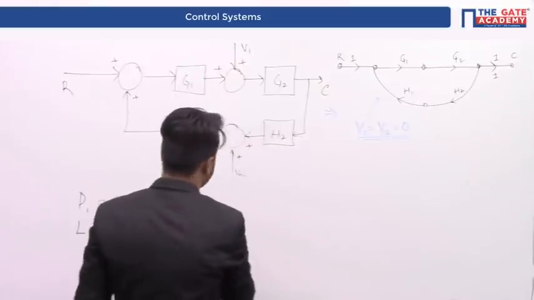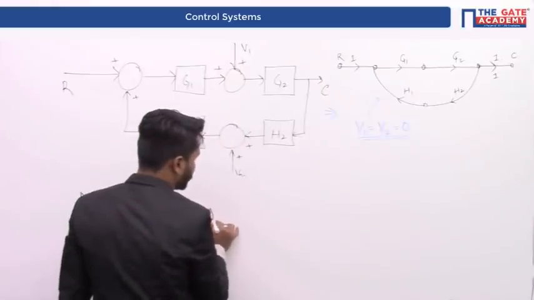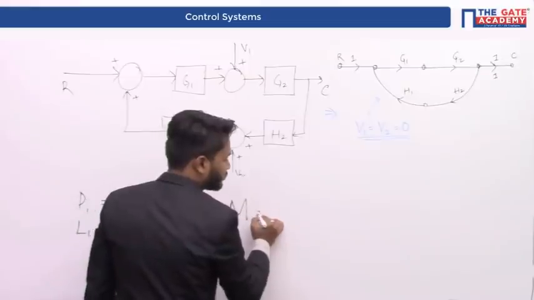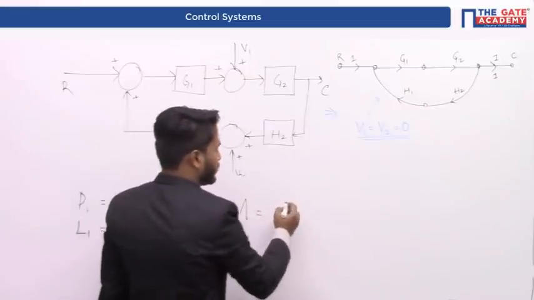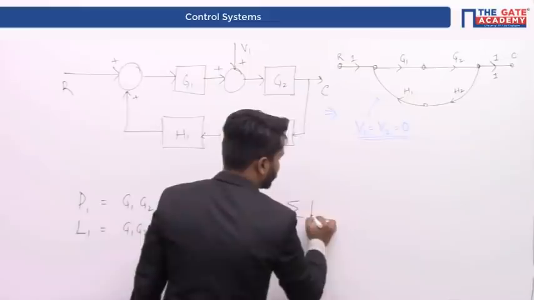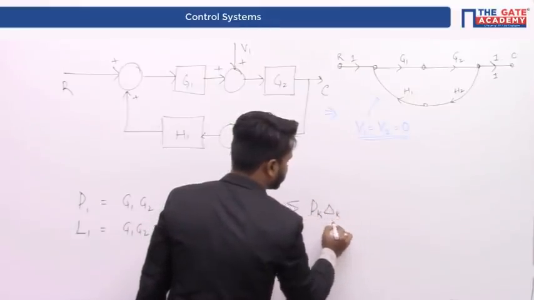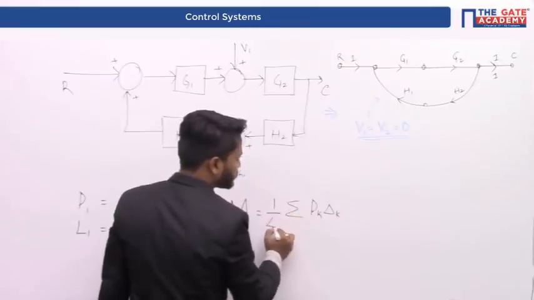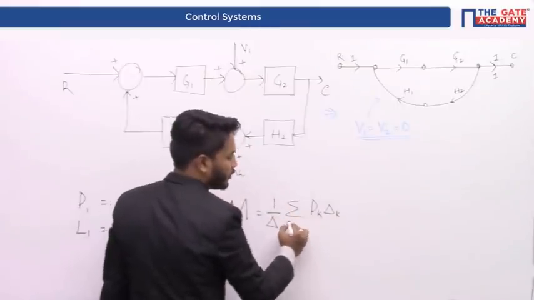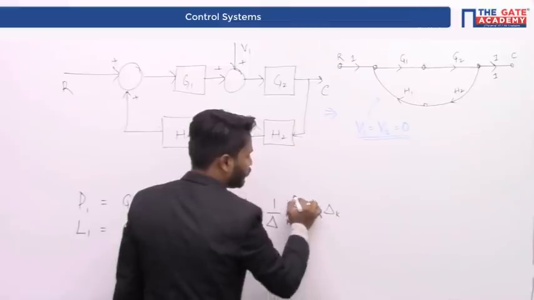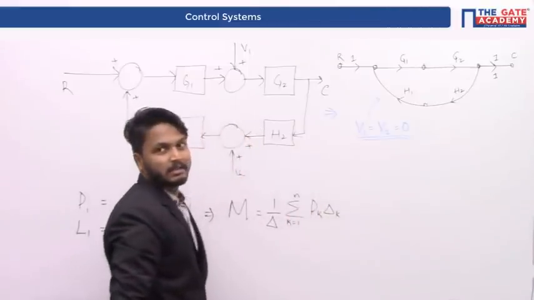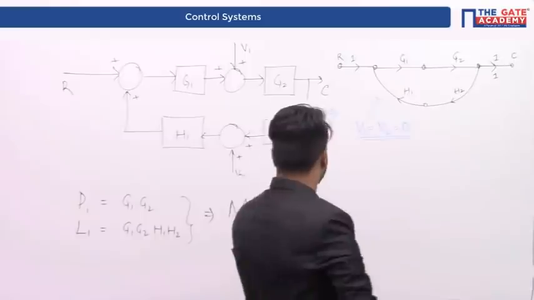You already know the Mason's gain formula. Mason's gain formula gives the overall transfer function M as 1 by delta, summation of Pk delta k, where k runs from 1 to n, where n is the number of forward paths.